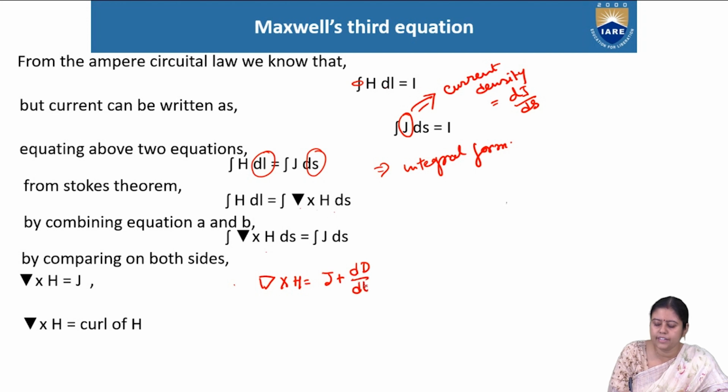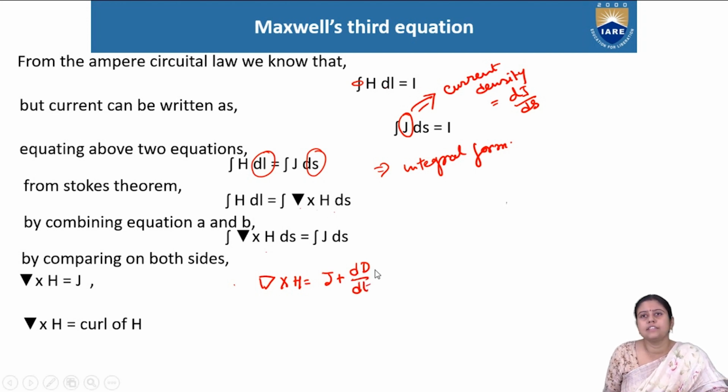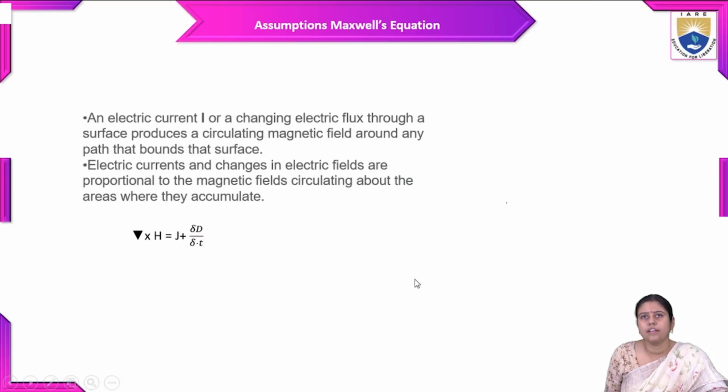dD by dt. While current I is changing, the flux through a surface produces a circulating magnetic field around any path. Changes in the electric field are proportional to the magnetic field circulating around the area.